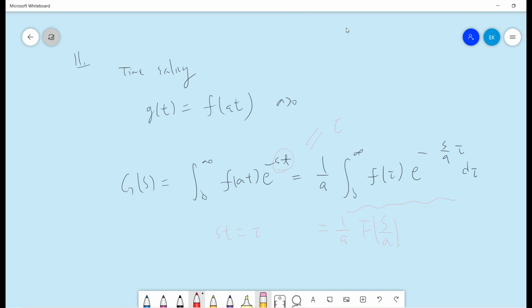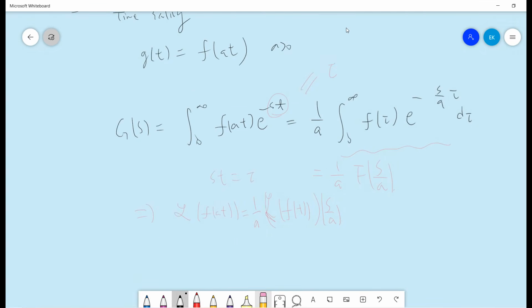So the combination tells you that the Laplace transformation of f of at is 1 over a times the Laplace transformation of f of t, but at s over a. This is the result.